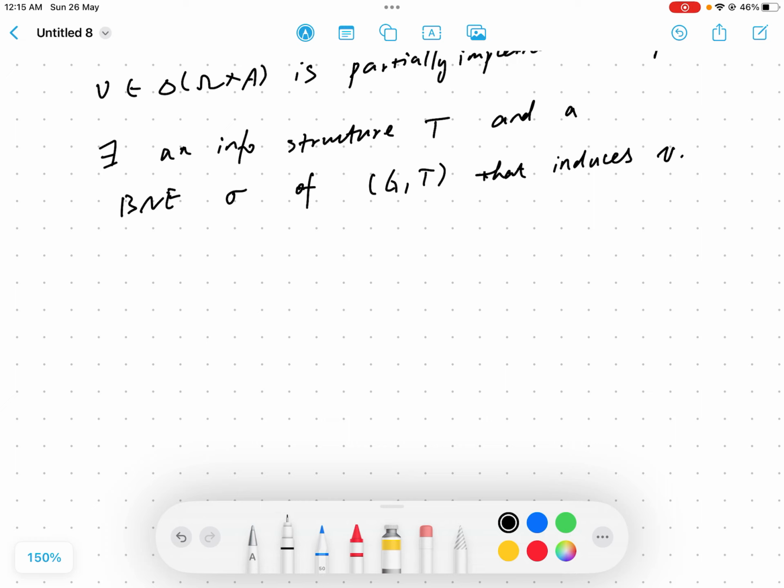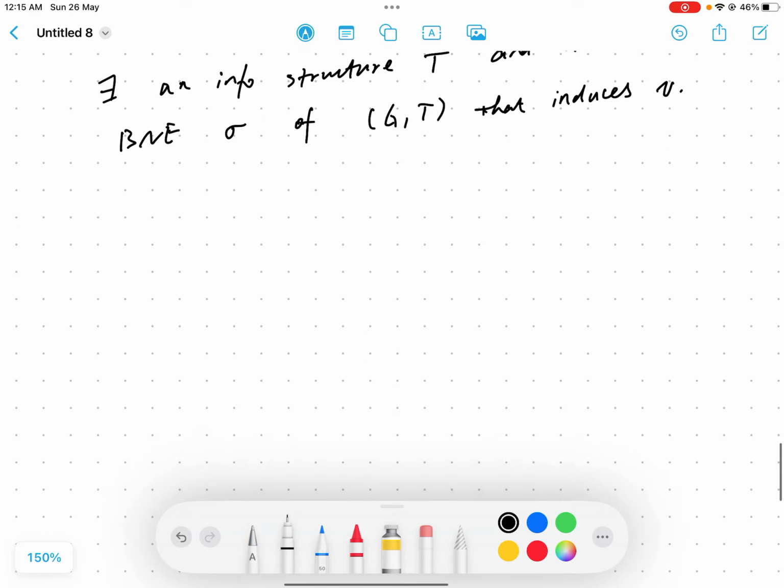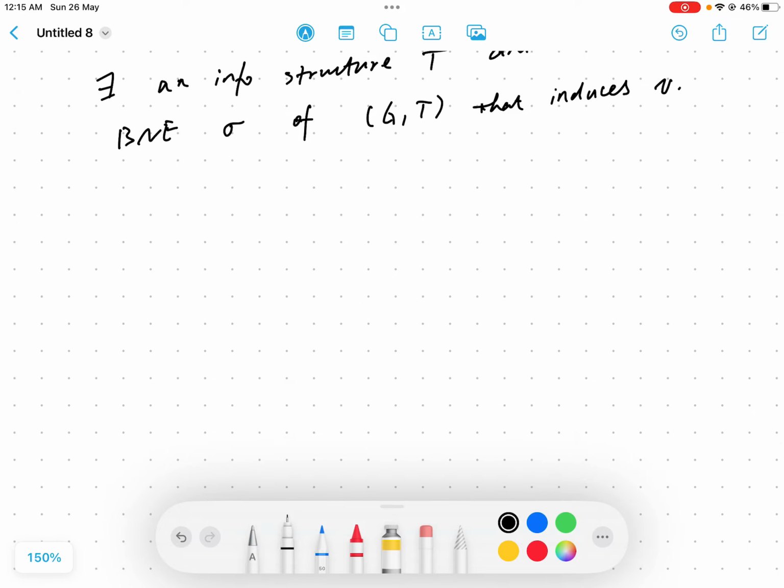Now let's go back to our example, and try to understand what the V's are here in our example. That's not very hard.